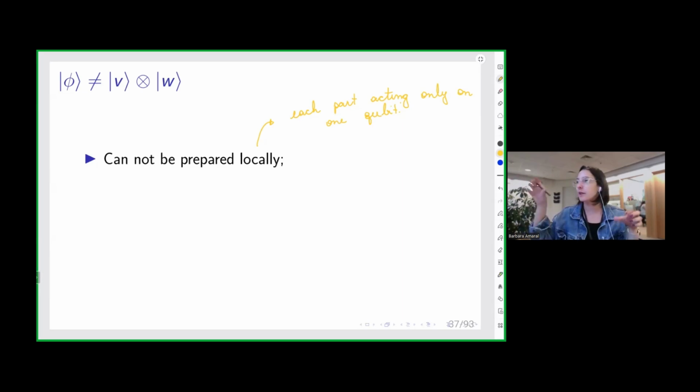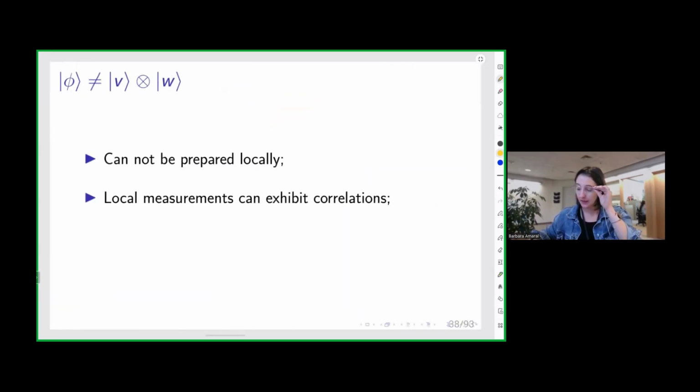For example, two atoms that interact with light. Okay, so light intermediated the interaction between the two atoms. But there needs to be an interaction. They are correlated in some way. Okay, cannot be prepared locally.